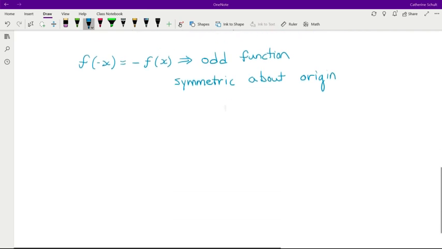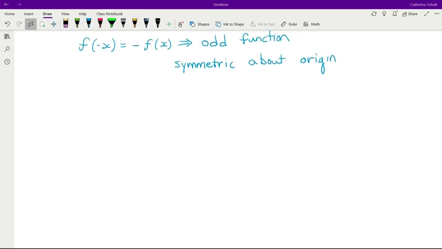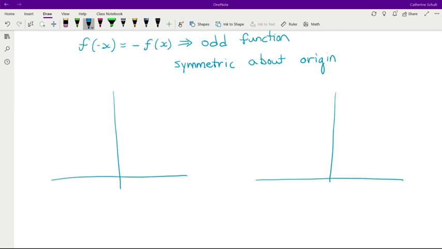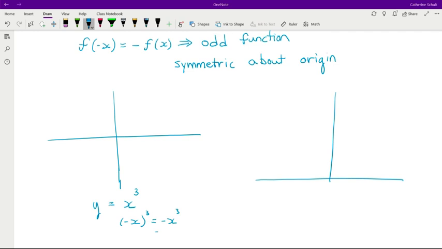Okay, so some examples of this. We'll do y equals x cubed. Let me draw this a little bit better. Because again, notice if we were to plug in negative x, we would get back negative x cubed, which is negative y, right?